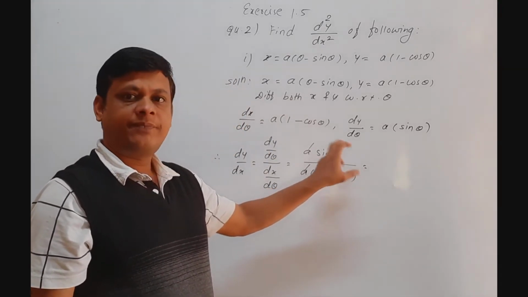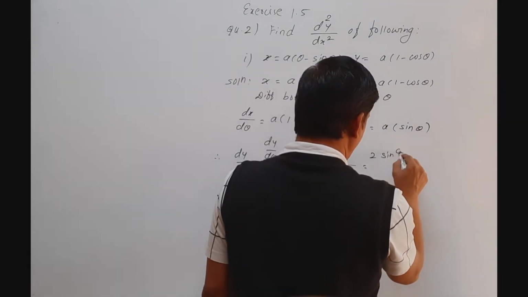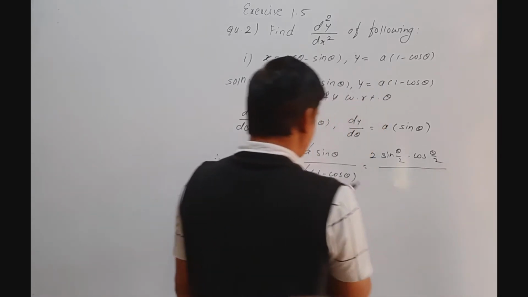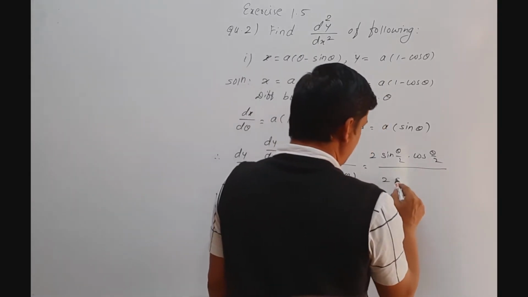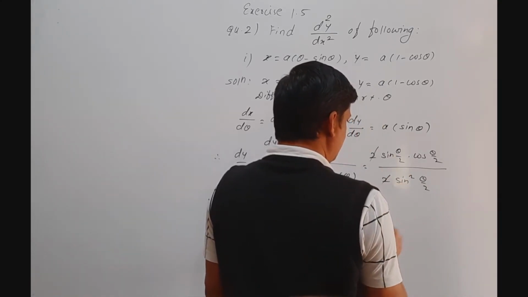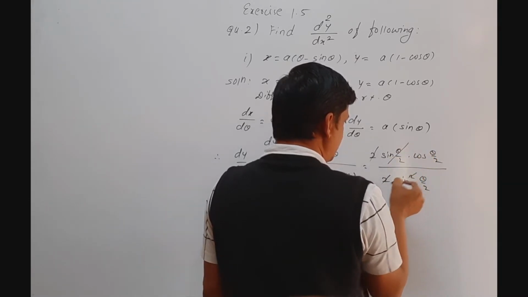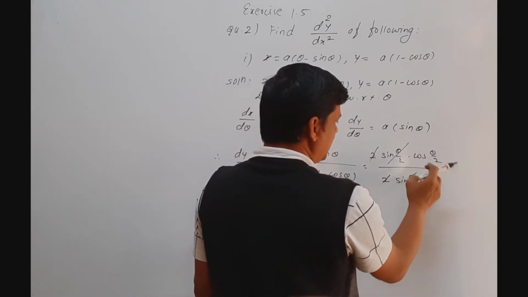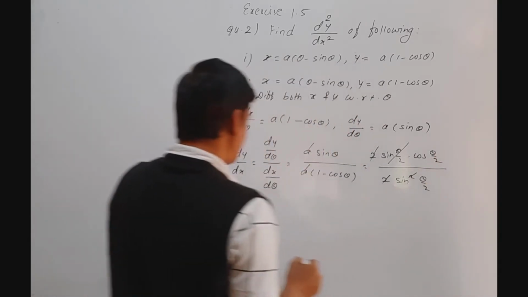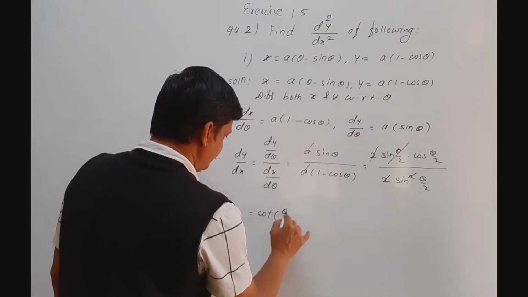So sin theta, by using the half angle formula, can be written as 2 sin theta by 2 into cos theta by 2, and this 1 minus cos theta we write as 2 sin squared theta by 2. So 2 gets cancelled. One sin theta by 2 gets cancelled with one sin theta by 2 from this sin square theta by 2. So we get here cos theta by 2 upon sin theta by 2, which is cot theta by 2.